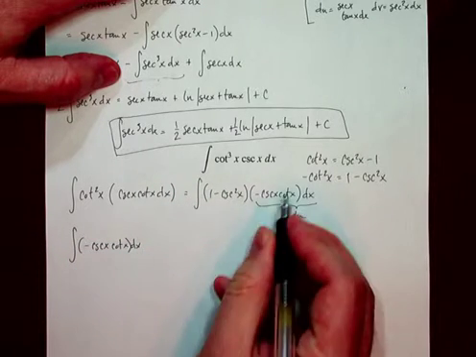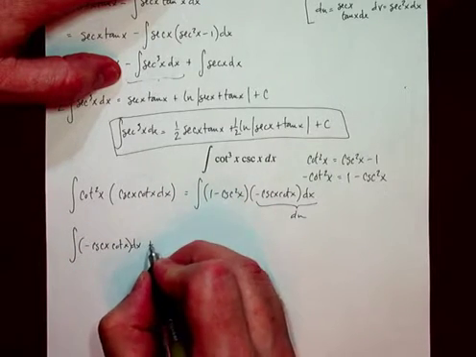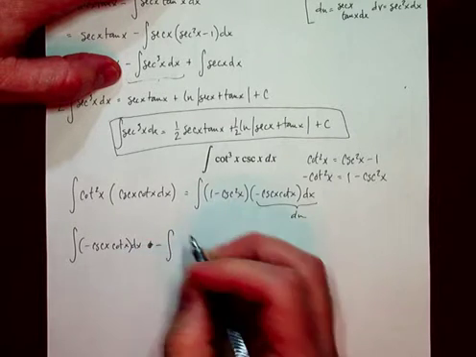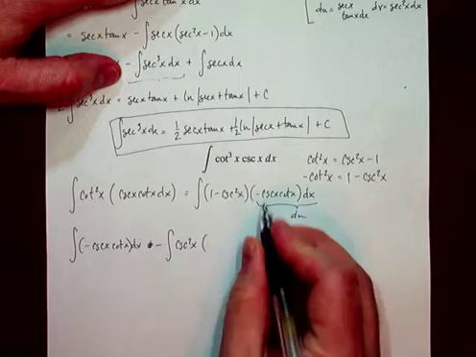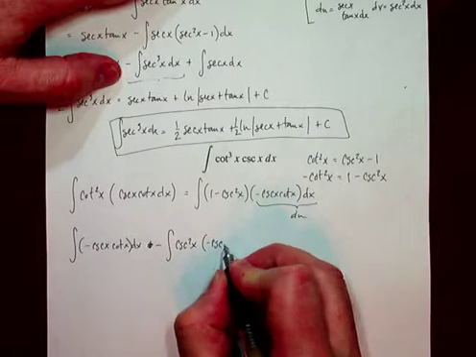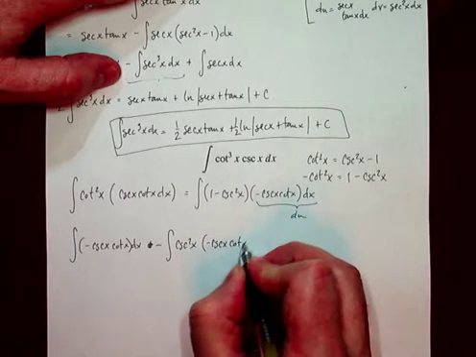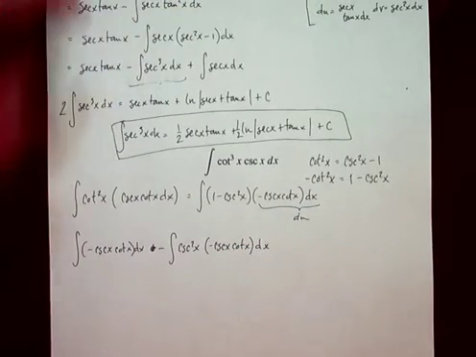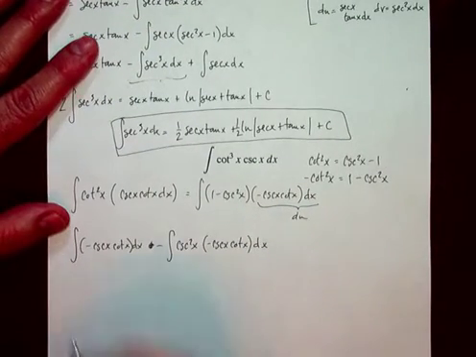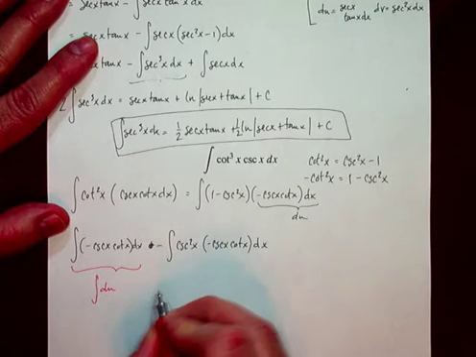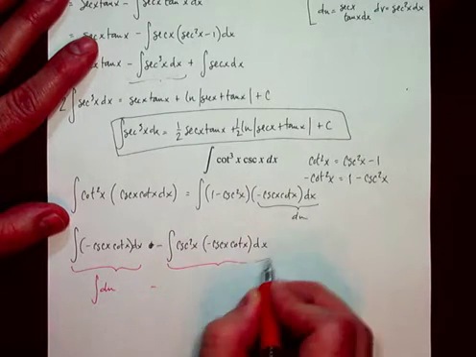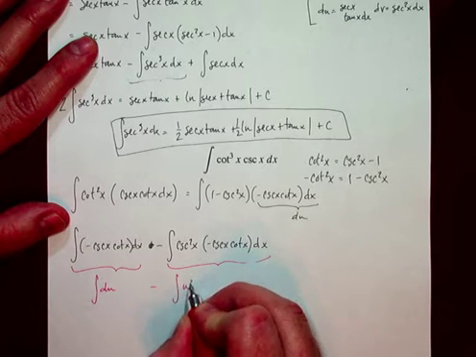If you were to distribute this across, and then minus cosecant squared x, I don't want to cancel out these negatives because the negative is an important part of the du. So really what you have here is this amounts to the integral of du, and this right here amounts to u squared du.